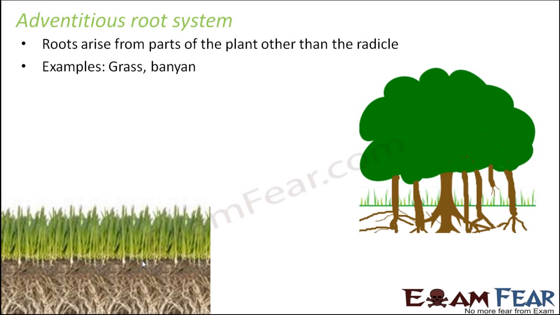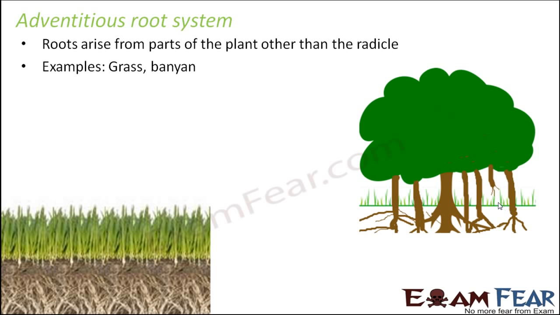Similarly, if you look at the banyan tree, have you ever observed the roots of a banyan tree? The branches of the banyan tree drop downwards, go inside the soil, and then roots develop from there. These are basically like hanging roots. I'm sure many of you would have seen this, because generally banyan trees are very old and big trees, so you can see those hanging roots.